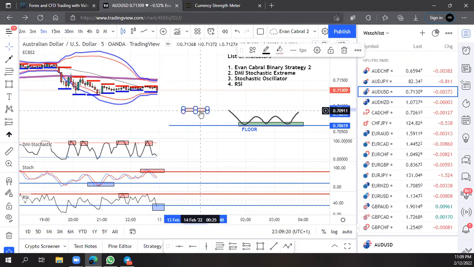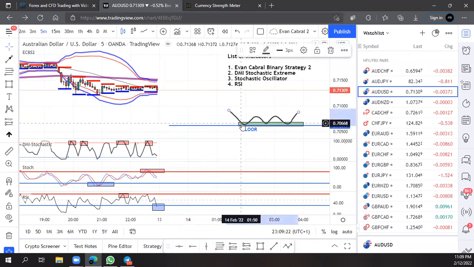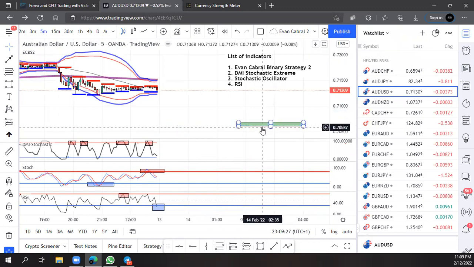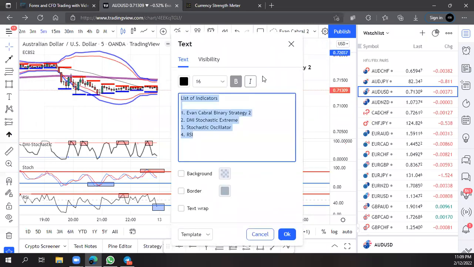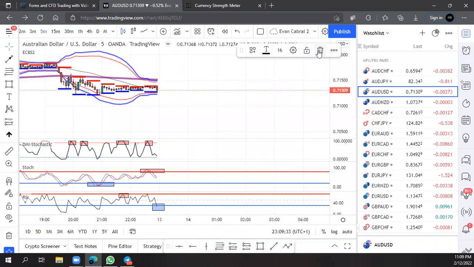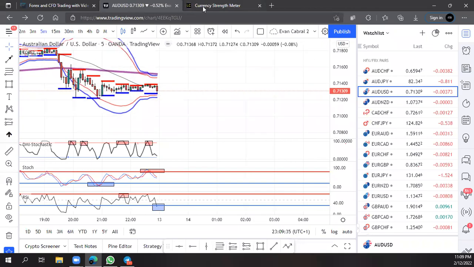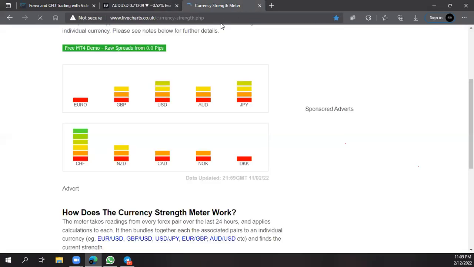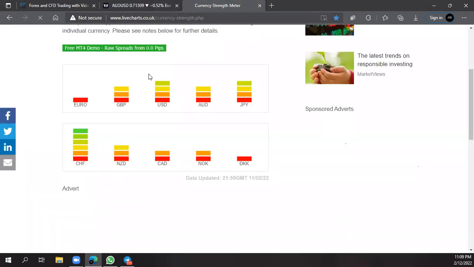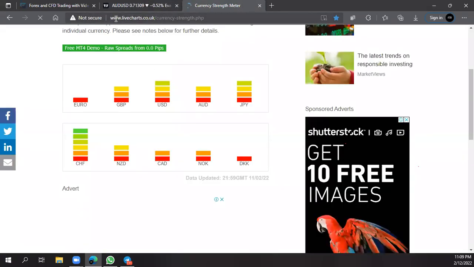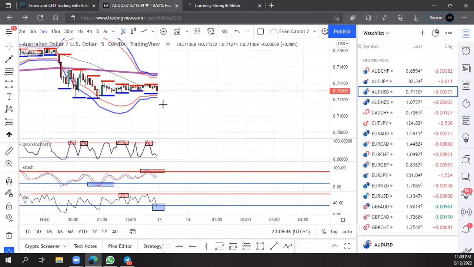The market is closed, but I'm going to backtest it. I'm going to go back and show us what would have happened in different scenarios if we had taken the trade. So let's go to the currency strength meter, and I'll show you what to do. The currency we're looking at is AUD USD.